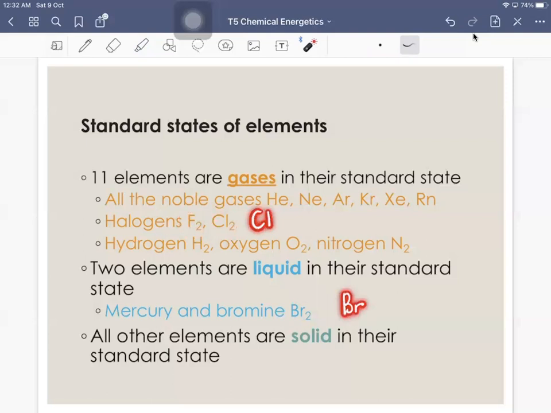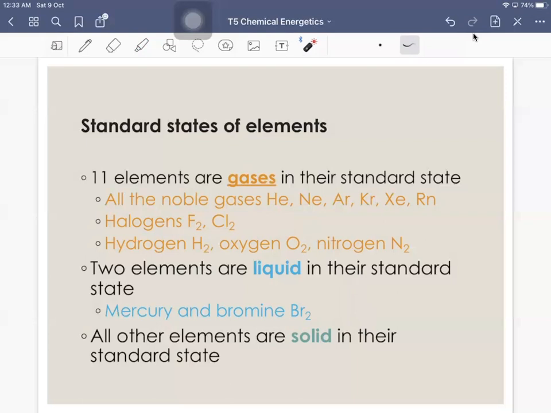They always exist as a diatomic. So please write down the correct symbol. And then everything else in your periodic table, these elements are solid at room temperature. So for the elements, it's easier.